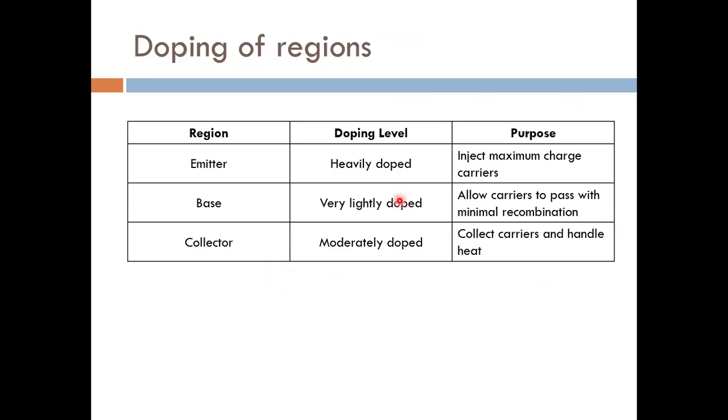The emitter is comparatively heavily doped, the base is very lightly doped, and the collector is moderately doped, meaning more than base, less than emitter. We can see it in this way: emitter doping more than collector, collector doping more than base, and each has some purpose.